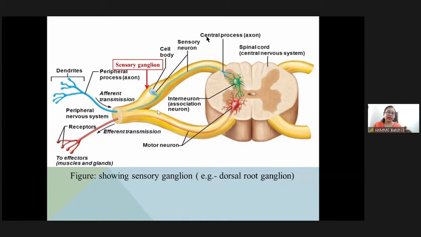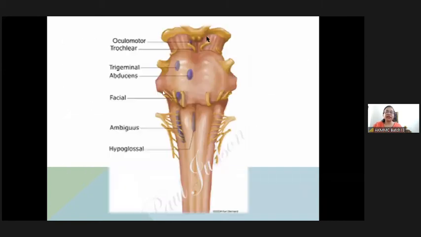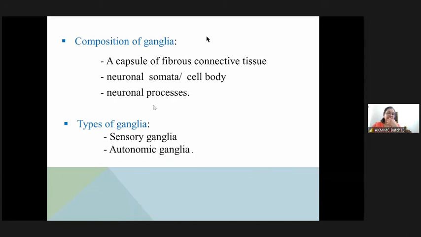Now the composition of ganglia. They contain cell bodies and cell processes also. Cell body processes are present here, and they are supported by connective tissue, which surrounds them and forms a covering.